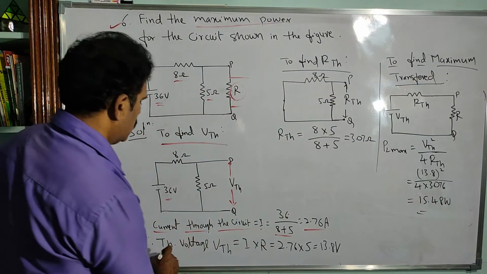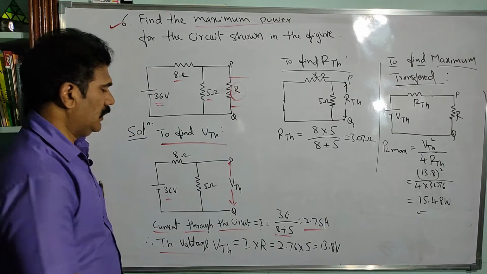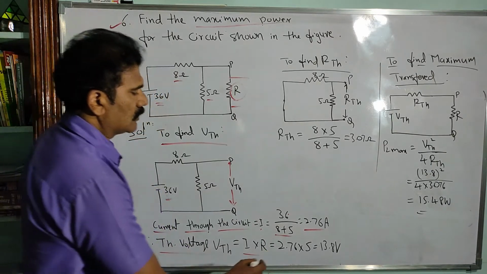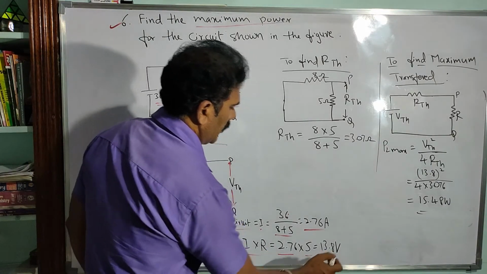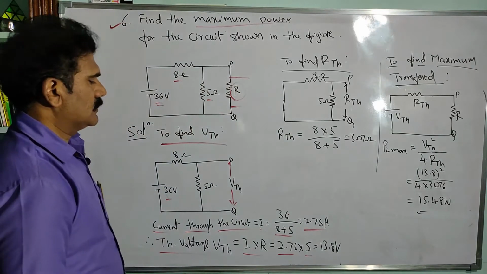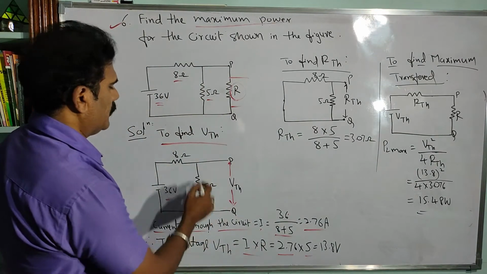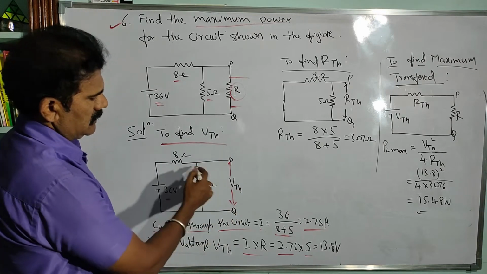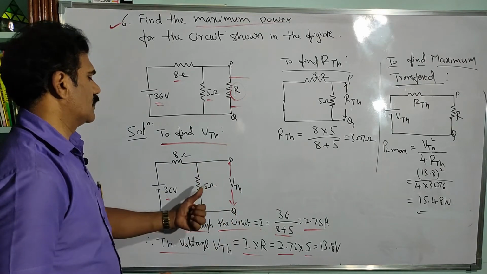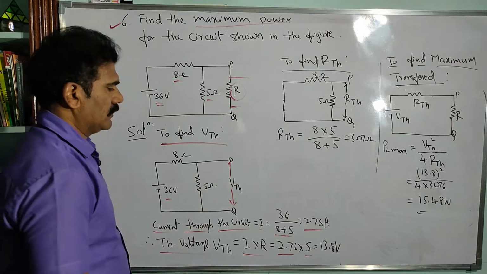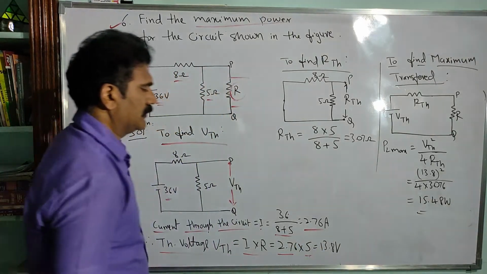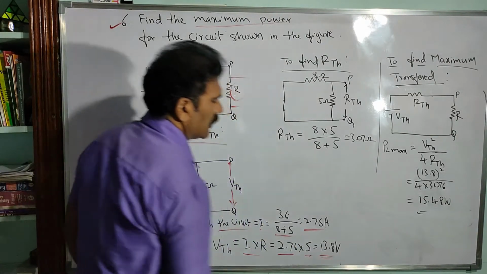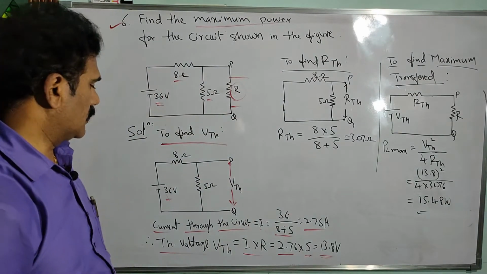Then you calculate the Thevenin's voltage by Ohm's law, I into R, that is 2.76 into 5. That 5 is this resistor, because the voltage drop across PQ means across the 5 ohms only, that is why you multiply by 5. That value will be equal to 13.8 volts as the Thevenin's voltage.